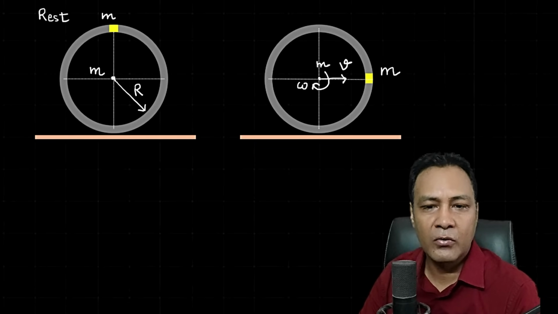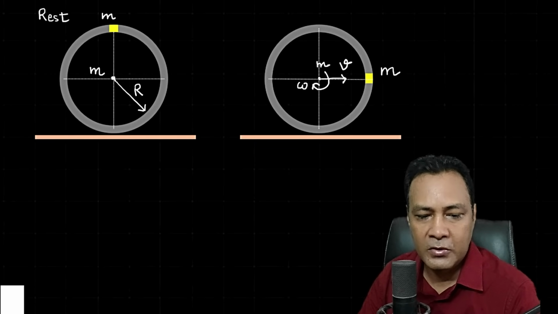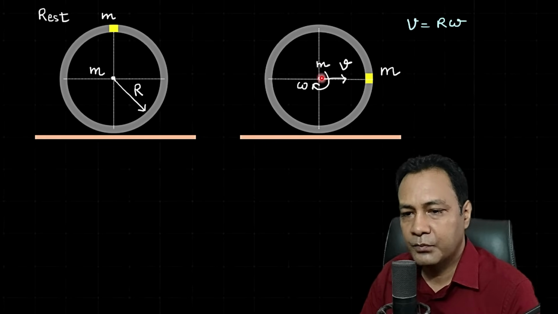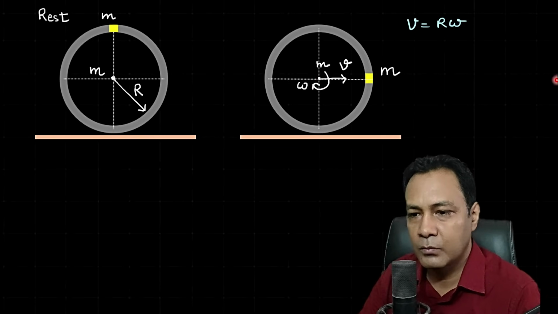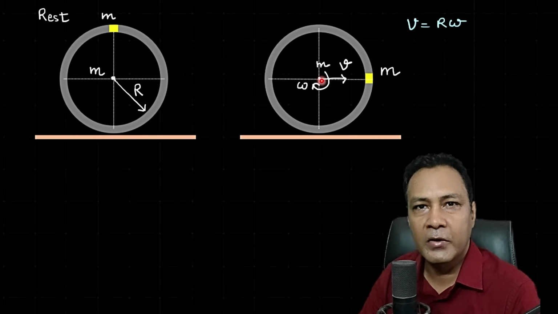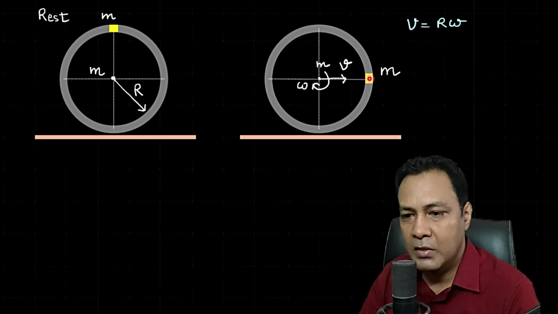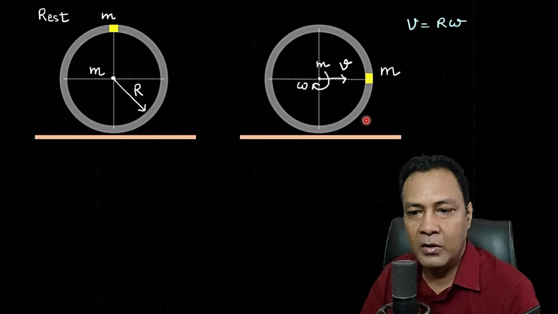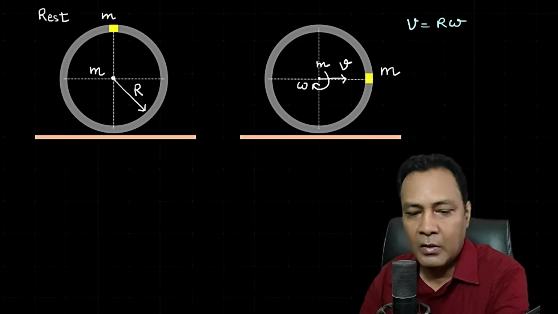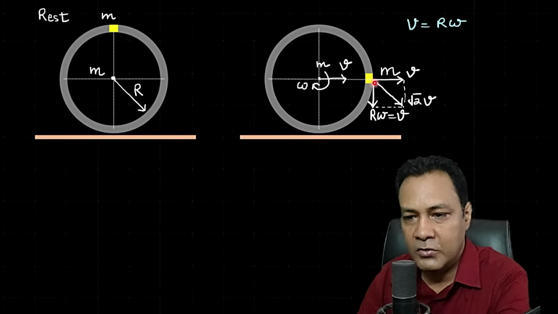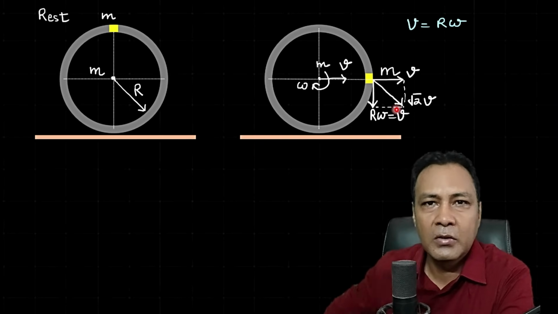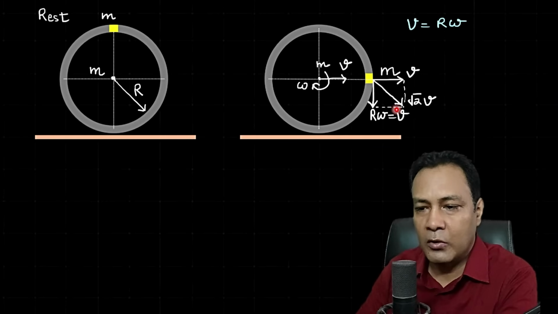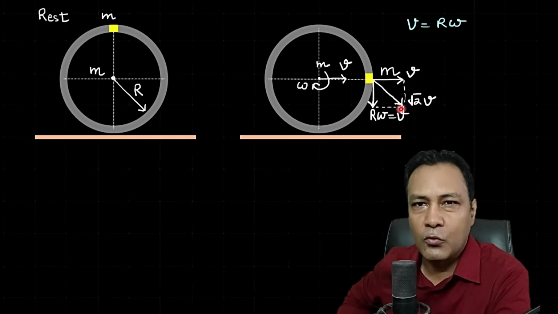Because it is rolling without slipping, the velocity of the center of the ring and the angular velocity are related by v equal to R omega. This mass will have a velocity R omega with respect to the center of the ring, and in the ground frame we have to add velocity v also. So the net velocity of this mass would be root 2 R omega, or root 2 v.